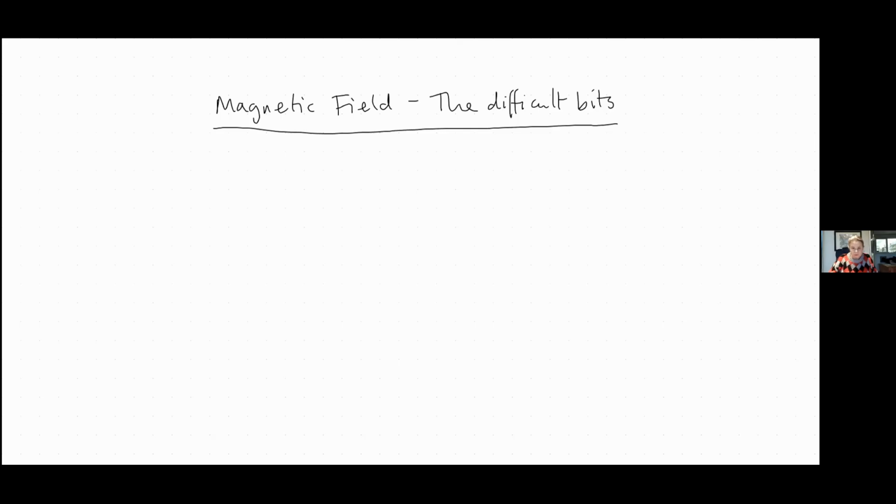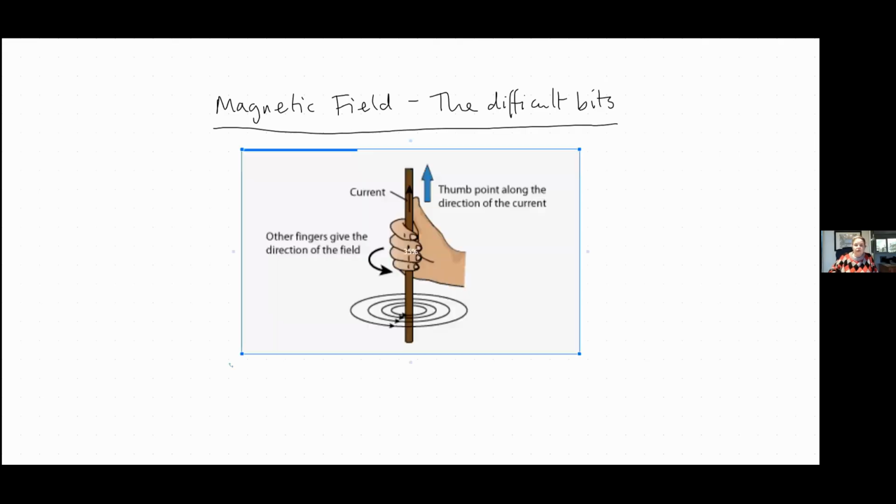So I am going to pull up. Right. So this is the right-hand corkscrew rule. The only thing that's hard about this is remembering that it is the right hand, and also that your thumb has to point in the direction of the current, but it's conventional current.